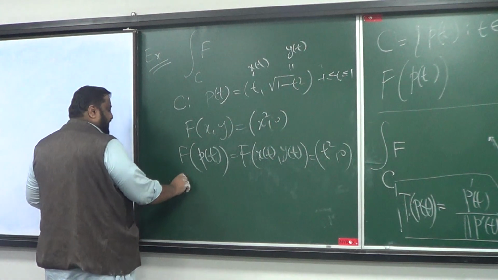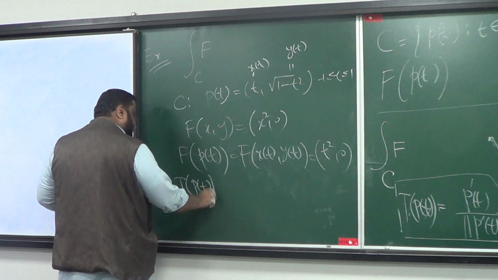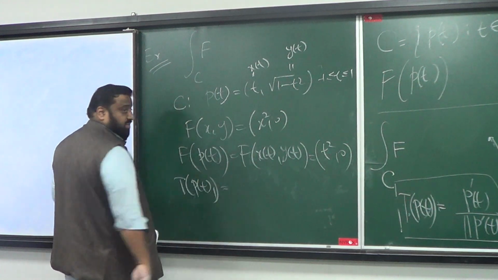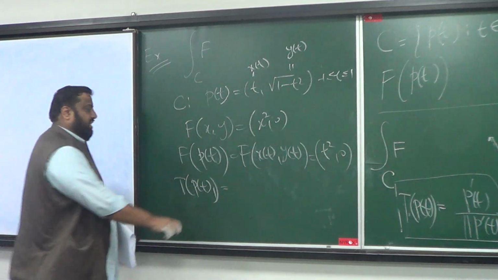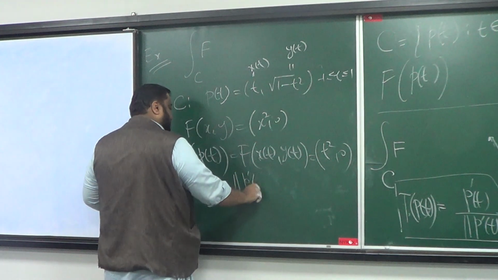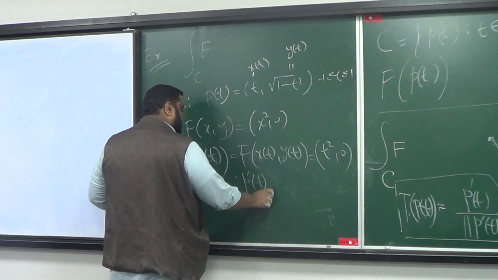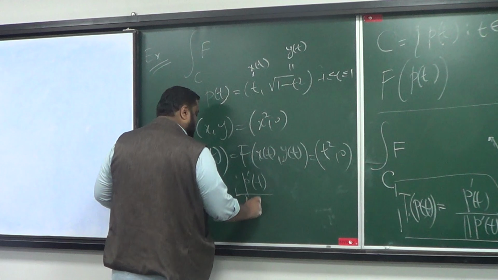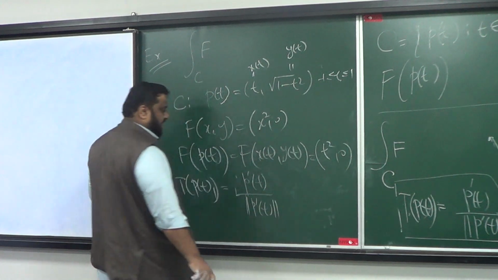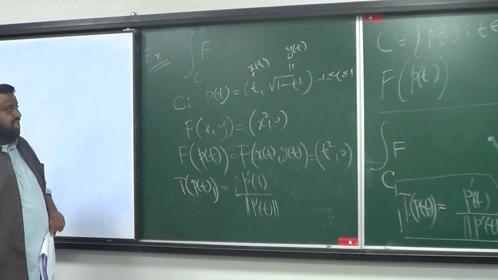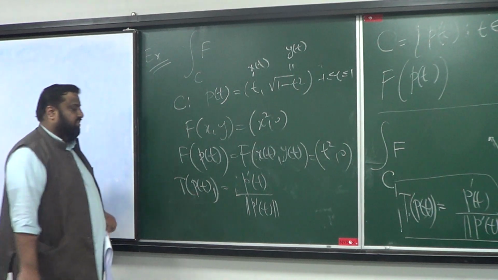We then need to compute the tangent vector at the point P of t. I know that I can compute it by computing the derivative. So what would be P prime of t?